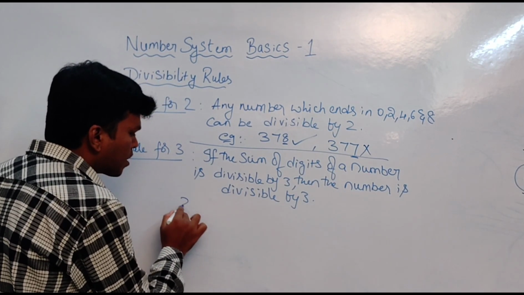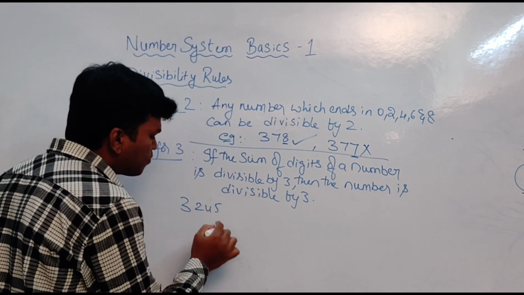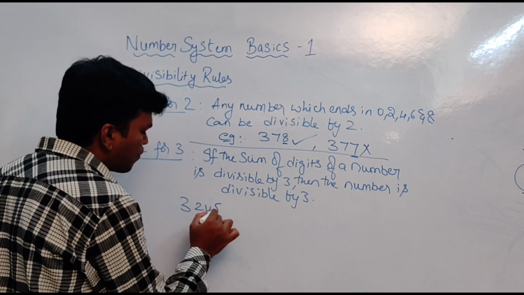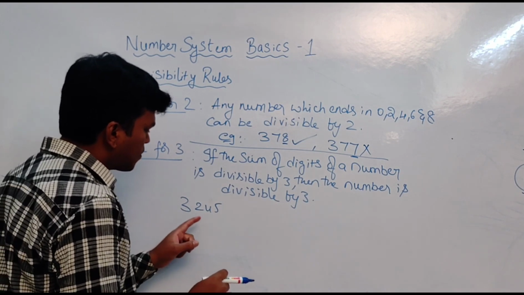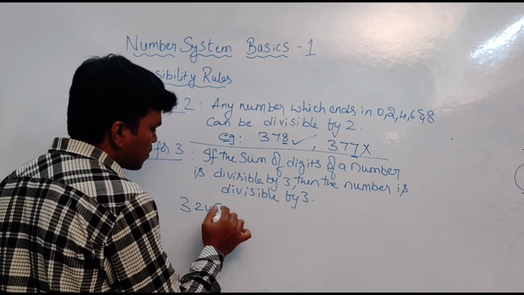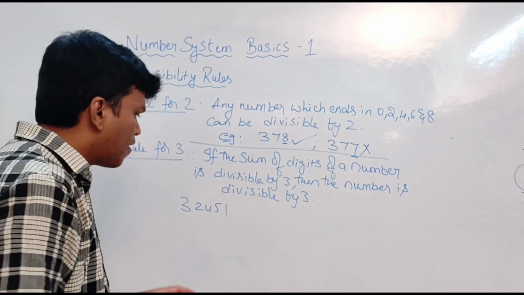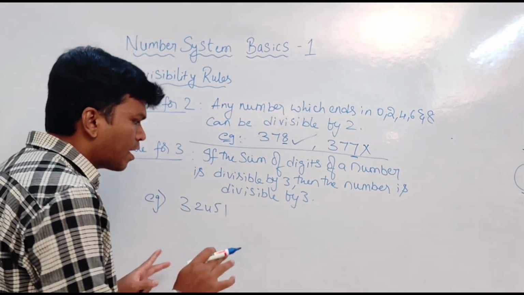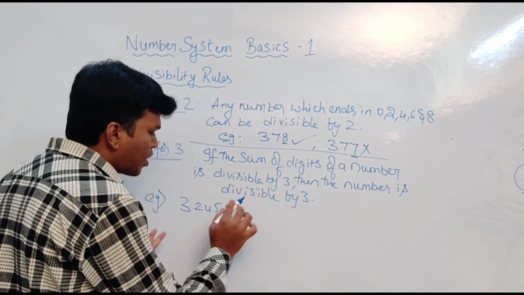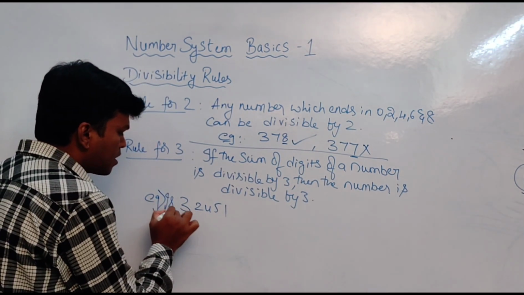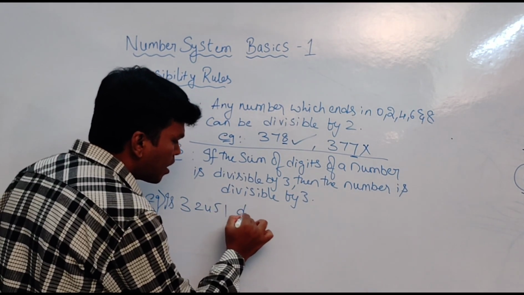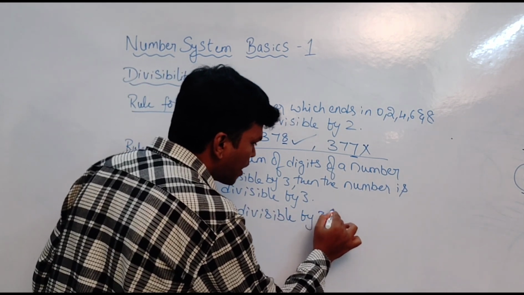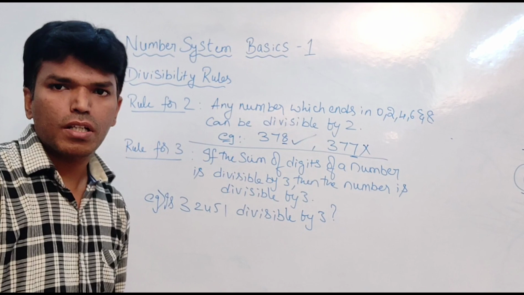I want to check whether 32,451 is divisible by 3 or not. This is the question.